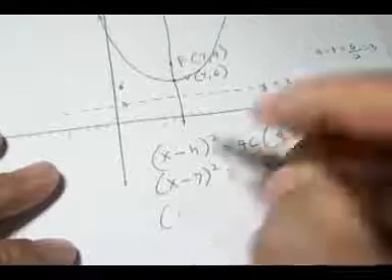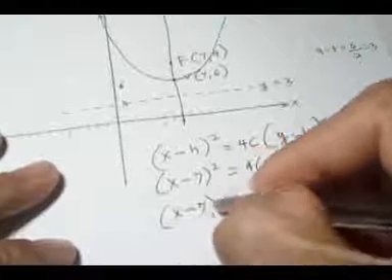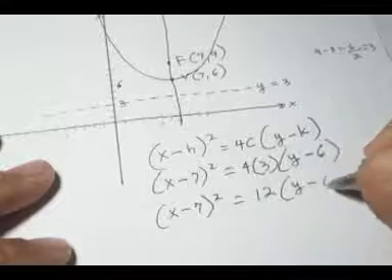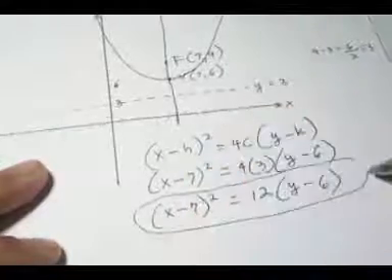So simplify: (x minus 7) square equals 4 times 3, which is 12, times (y minus 6). This is our standard equation for this parabola. Okay, next problem.